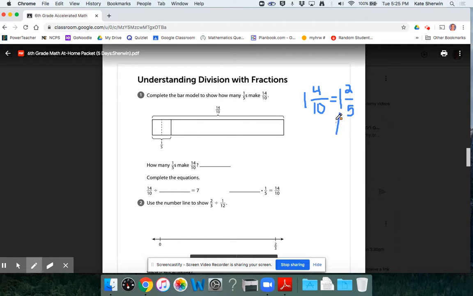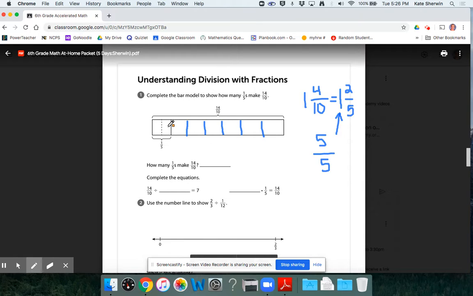Now, don't forget, the whole number 1 in this case is 5/5. Okay? So we have 5/5 and 2/5, which together would equal 7/5. So I know that there needs to be 7 of these. 1, 2, 3, 4, 5, 6, 7.